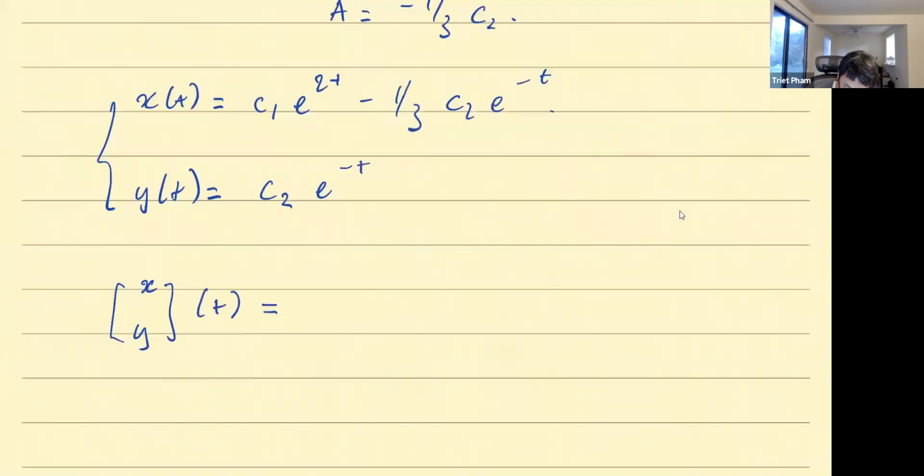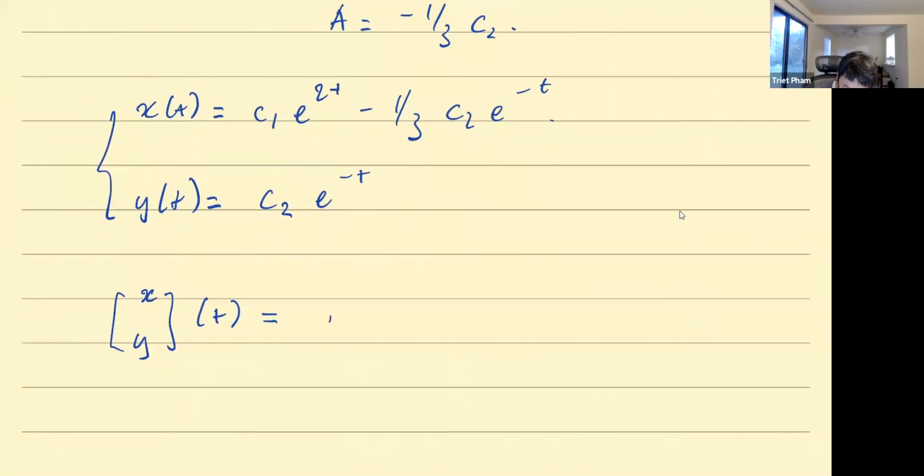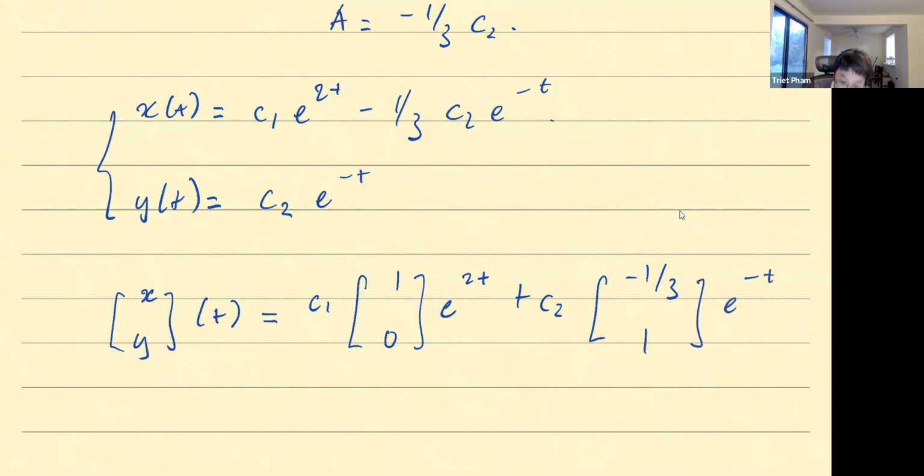write the solution in the future. It will be C1 (1, 0) e^(2t) plus C2 (-1/3, 1) e^(-t). Now, this is the linear algebra language that we'll be using.